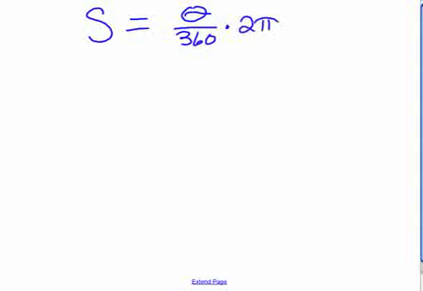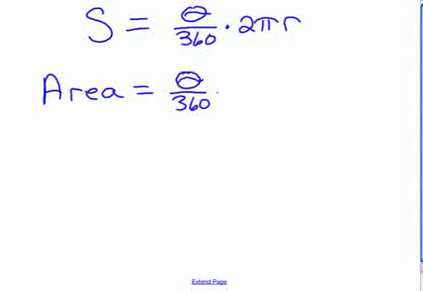So the circumference of the circle times what part of the circle we're dealing with. Now the area of the sector, and this is more importantly what the farmer's looking for, how many acres that field is. We'll find it in square feet first. That is going to be the angle divided by 360 times the area of a circle. So what part of the circle we're dealing with times the area of the whole circle.